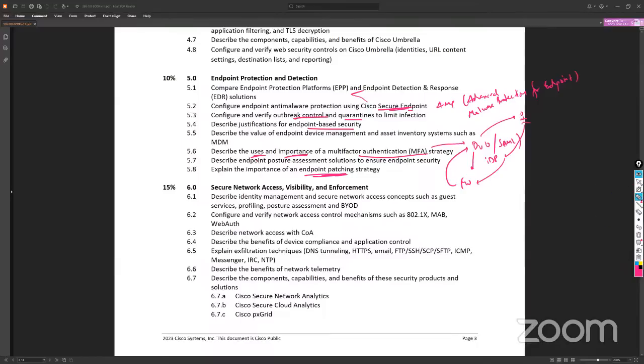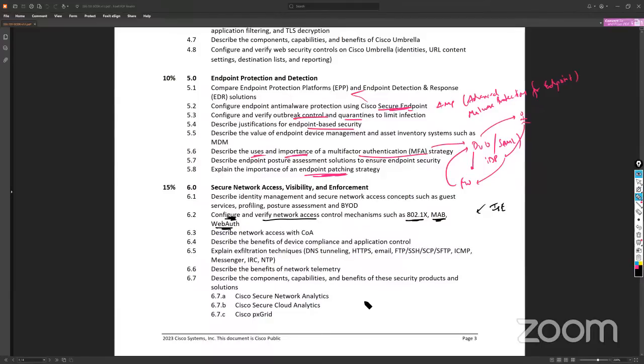Now, the last section here is, again, your network access visibility enforcement. This is a bit more deep ISE. We are doing things like 802.1x, MAB, web authentication. Cisco wants you to be able to configure and verify these.